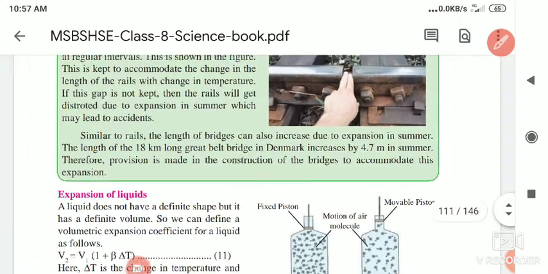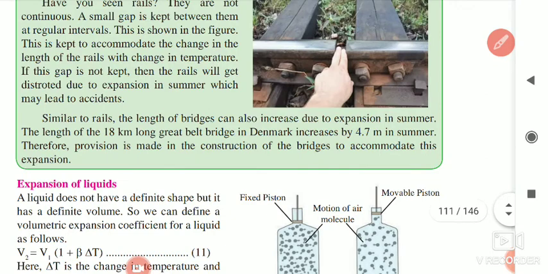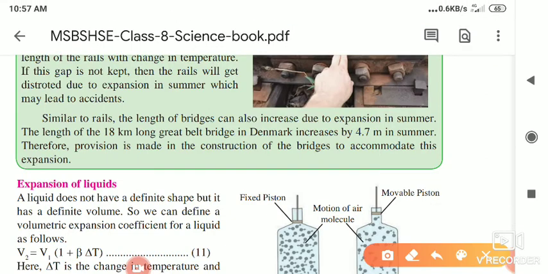Similar to the rails, this problem is faced in summer elsewhere too, and as you know, a little expansion takes place when heat increases and heat is produced when two things rub against each other. Similar to the rail, the length of bridges can also increase due to expansion in the summer.